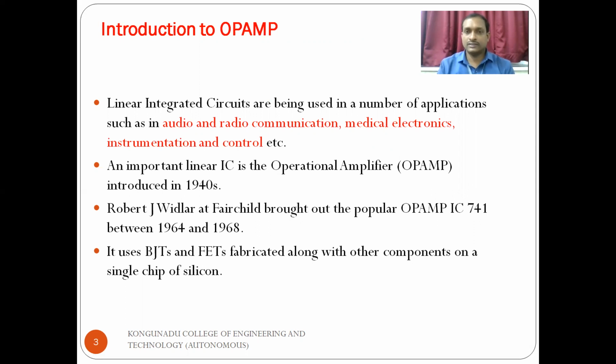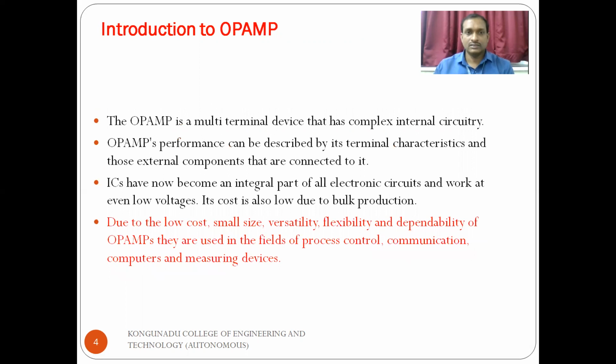This IC 741 uses BJT and FET fabricated along with other components in a single chip of silicon. It is a multi-terminal device that has a complex internal circuit. Minimum 8 terminal, 10 terminal, and 14 terminal pin configurations are available based on the packages.